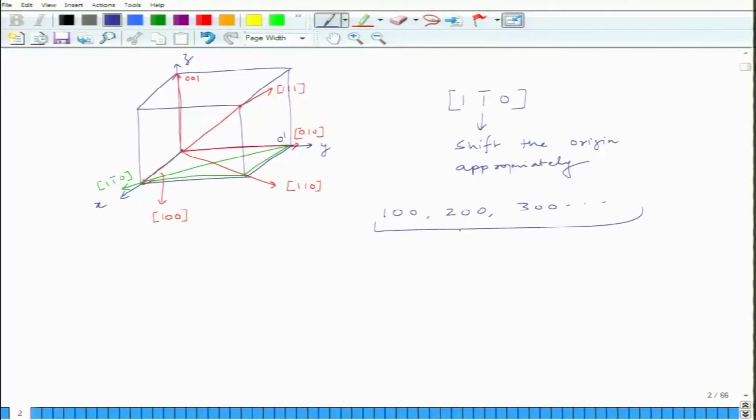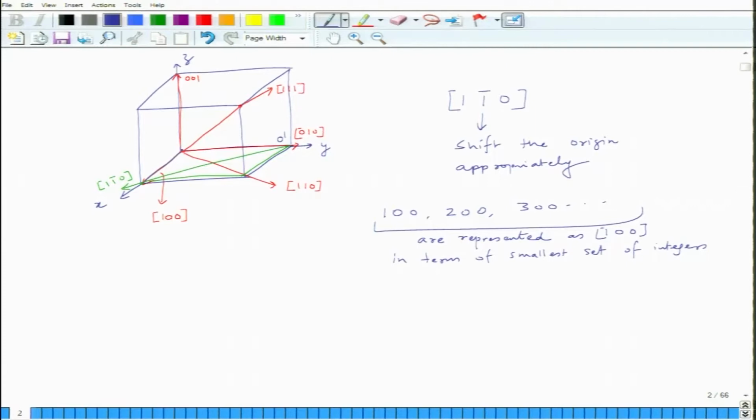So they are all represented as 1 0 0, basically in terms of smallest set of integers. All right.